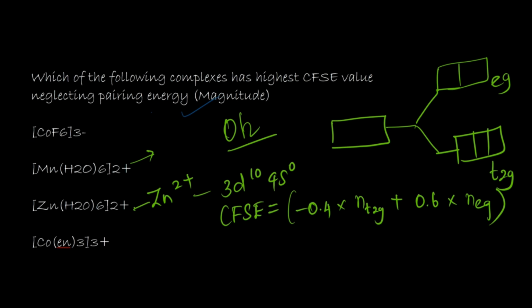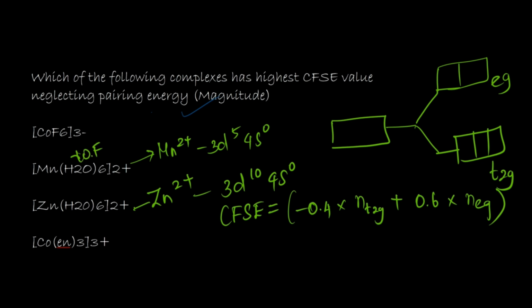Then Mn(H2O)6 2 plus. So Mn 2 plus means it will be 3d5, 4s 0, and this is a weak field ligand.